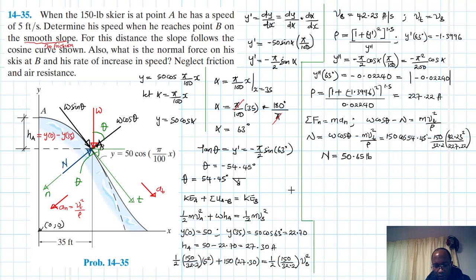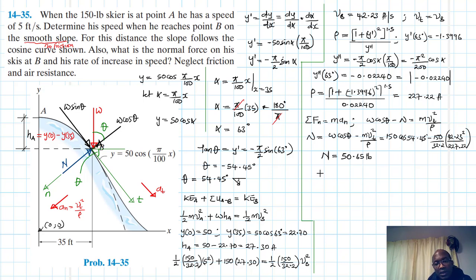Let's work it out again: 150 cos 54.45 minus 150 divided by 32.2 times 42.23 squared divided by 227.22, 50.65. So we found the value of n.